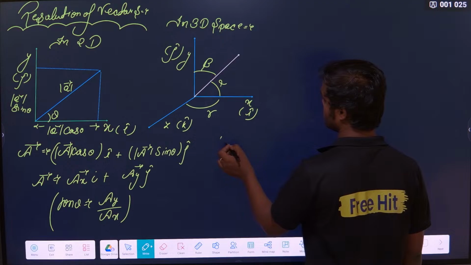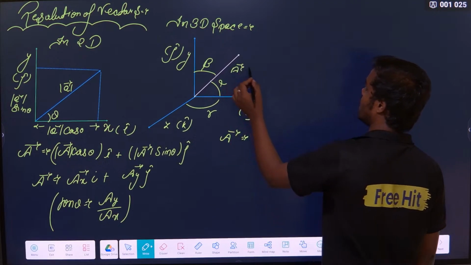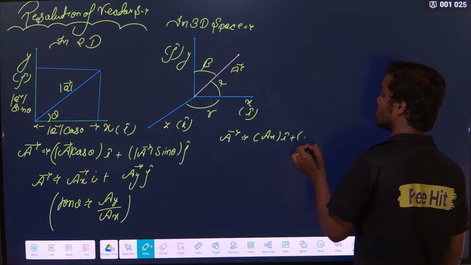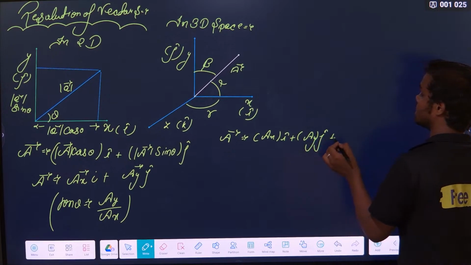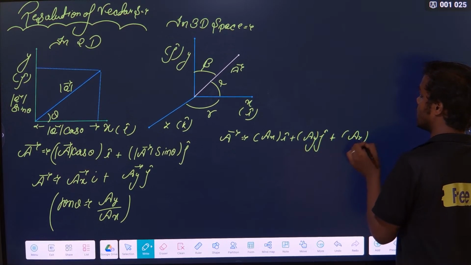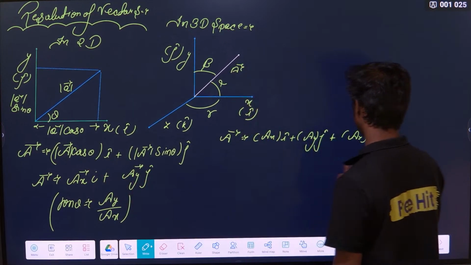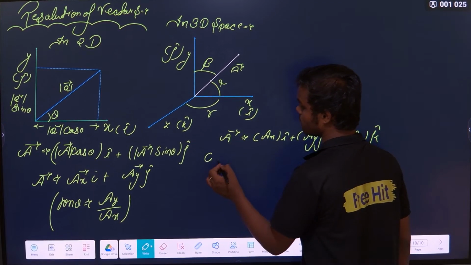It is very simple. I know that a vector can be written as ax i cap, ay j cap, and az k cap. If I understand the pattern from the 2D, I can see that it is written like this. Here we only get one extra term, that is az. Now what is the important thing we have to know?